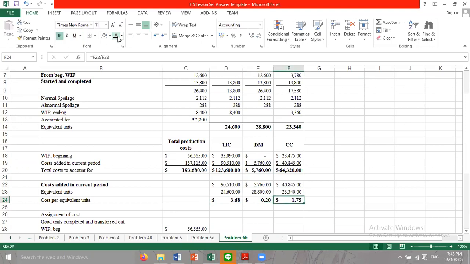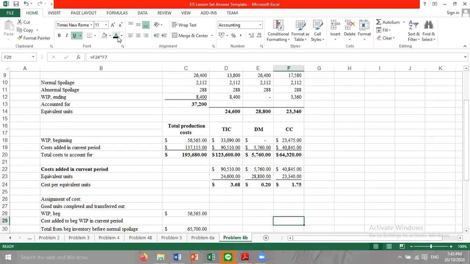cost per equivalent units. And then once again, to assign cost, we multiply cost per equivalent units times the equivalent units. Okay, so for the first one, WIP beginning for FIFO, once again, we do not use this approach as it's already provided, which is equal to this one, the WIP beginning value, 33,023,435.